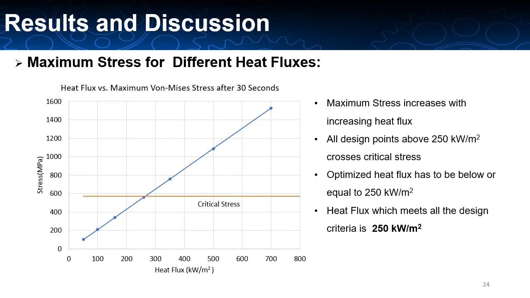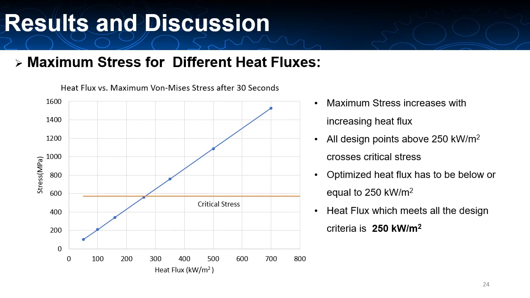You can see from the curve that as the heat flux goes up, the stresses go up. For all the values above 250 kilowatt per meter square, the heat flux gives a maximum stress above the critical stress. So it leaves us with only four values: 50, 100, 150, and 250 kilowatt per meter square.